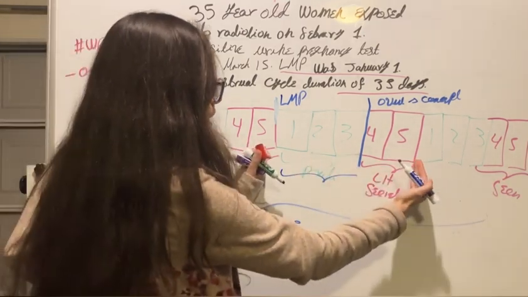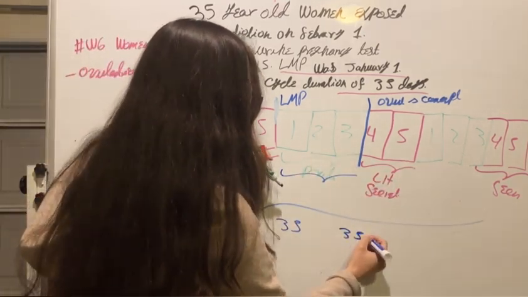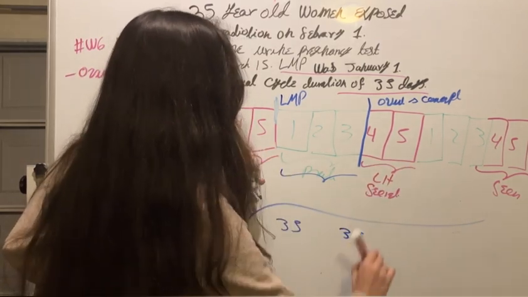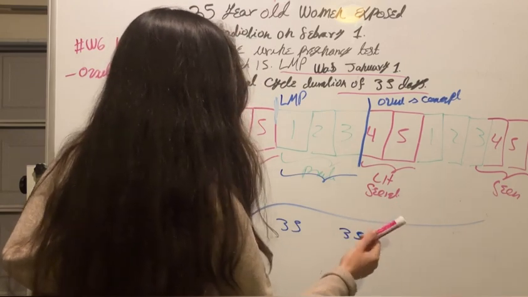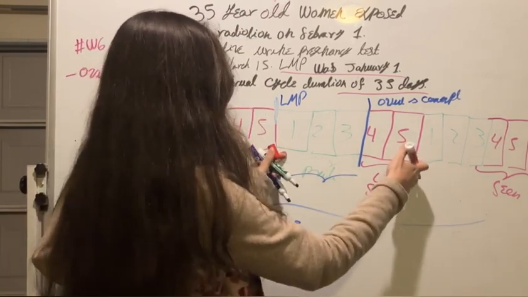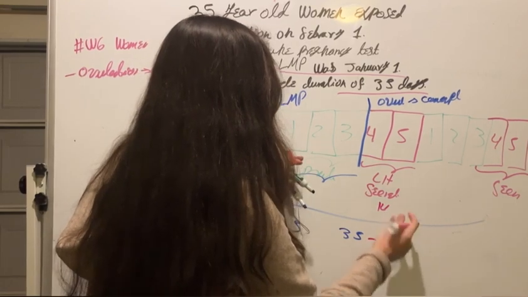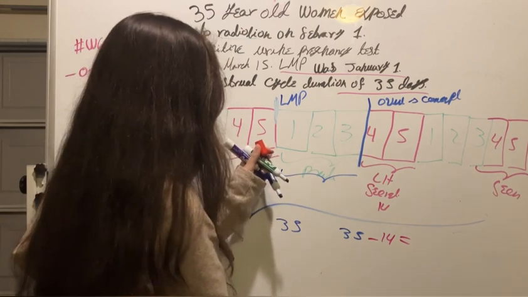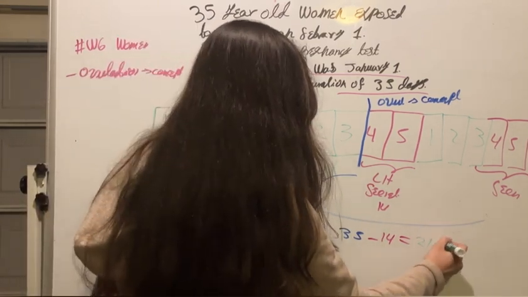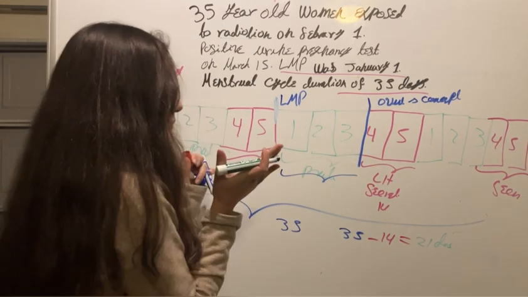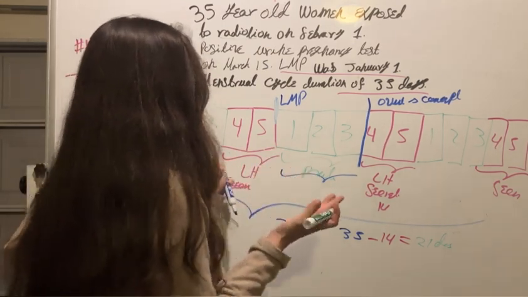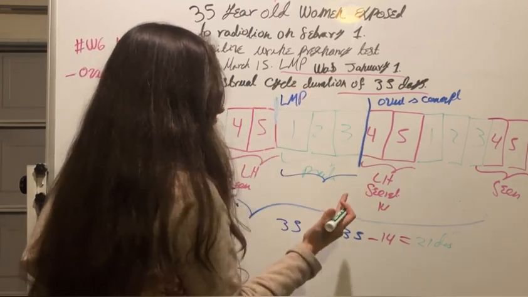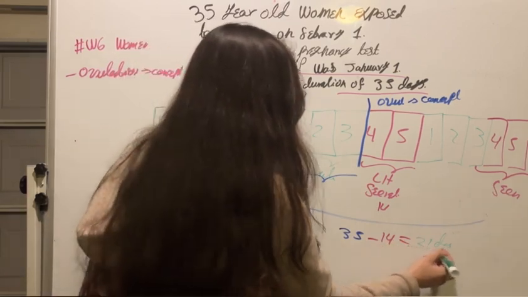If this is a 35-day cycle and the secretory phase is always constant at 14 days or 2 weeks, then 35-day long cycle minus 14 days of the secretory phase gives the proliferative phase, which is 21 days. So the distance between the last menstrual period and the ovulation, the conception date, is 21 days.